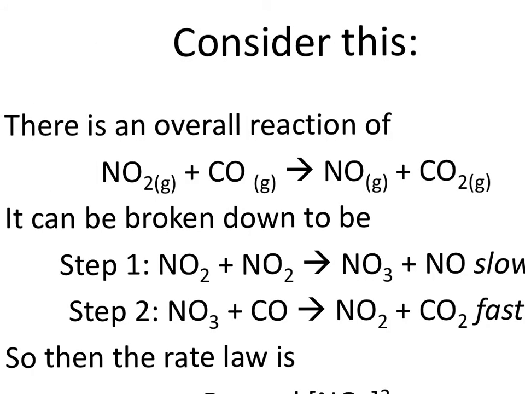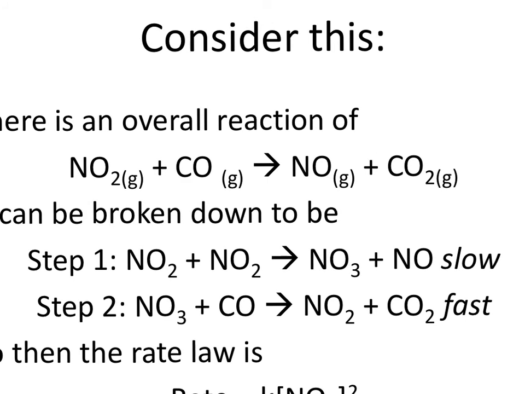Okay, so let's look at this mechanism here. We have this overall reaction of NO2 reacting with carbon monoxide to form NO and CO2. And it's broken down into these two steps where one is slow and one is fast.